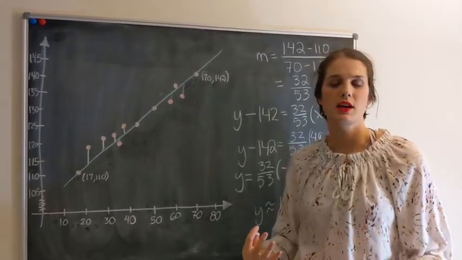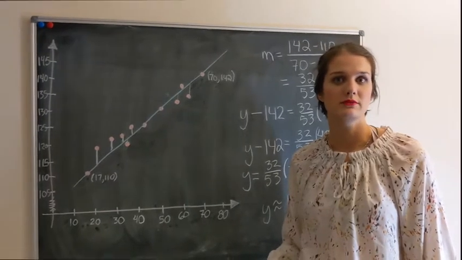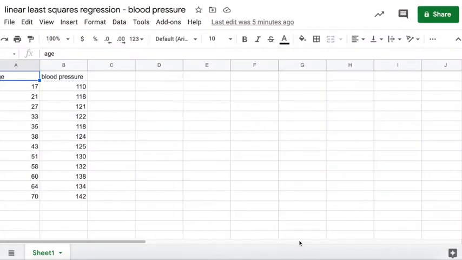And there's lots and lots of different software that we can use to do that. In order to find a linear least squares regression line for a set of data using Google Sheets, you can just go to Google Docs and open up a new spreadsheet and type in any of the points you want in 2 columns. So here is our same data with our ages in the first column and the corresponding blood pressure in the right column.